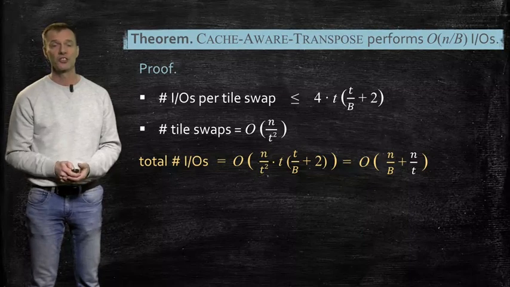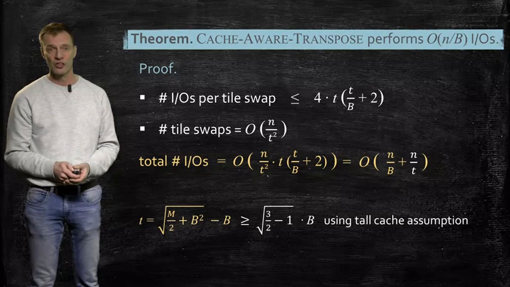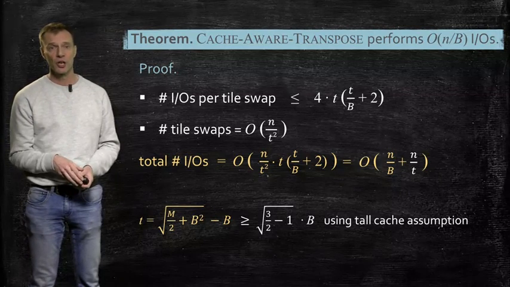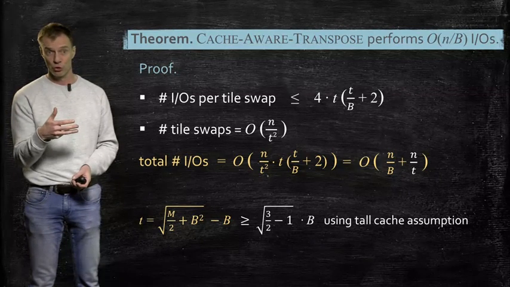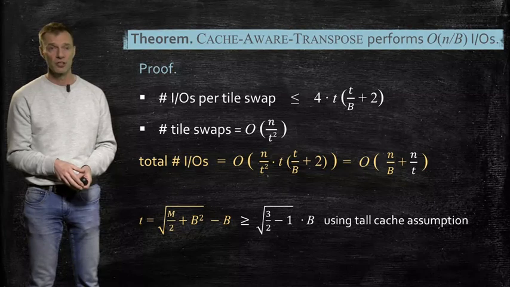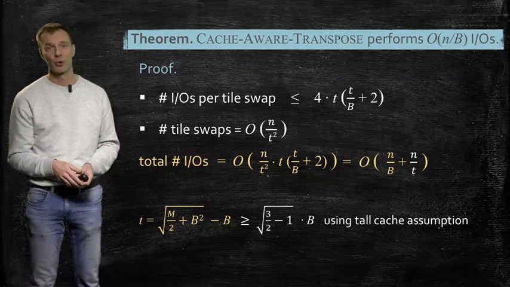Okay, so now what is this n divided by t? Well, let's plug in the value of t that we picked, and then we get exactly what we want. And here, this small technical assumption comes in, which was the tall cache assumption, namely that the memory size m was at least b squared. And I'm not going to do the computation. You can easily do that on paper yourself.